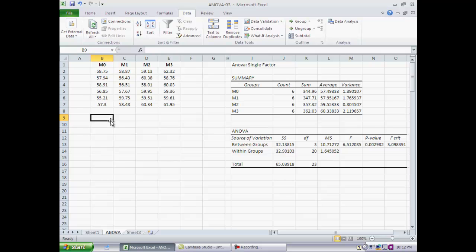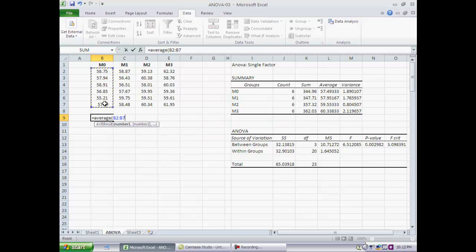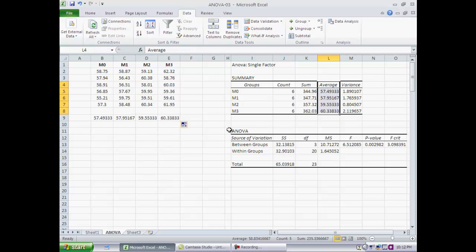Just to show you very quickly, this is the average, the sample mean for the first sample. You can see that this is identical to the value over here. And if I copy this formula over, these are the four sample means, and you can see them in the column over here.